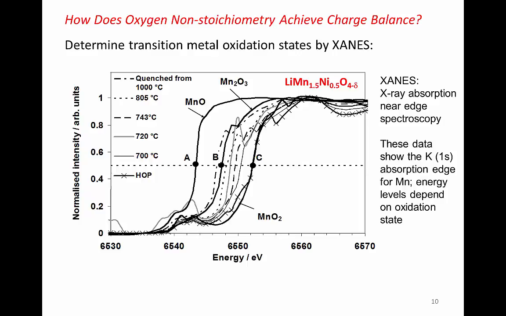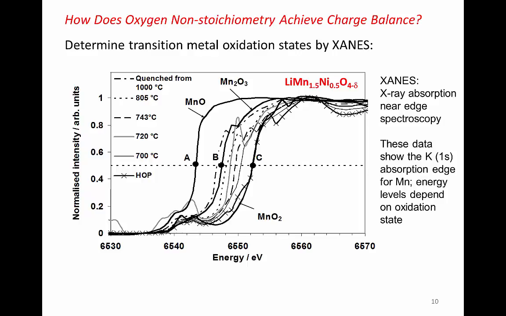The point to note is that the HOP sample, high oxygen pressure, fully oxygenated sample with crosses as data points, matches pretty well the curve for MnO2. And so we can conclude that the fully oxygenated sample contains tetravalent manganese, whereas the samples quenched from higher temperatures have a reduction in oxidation state of manganese.